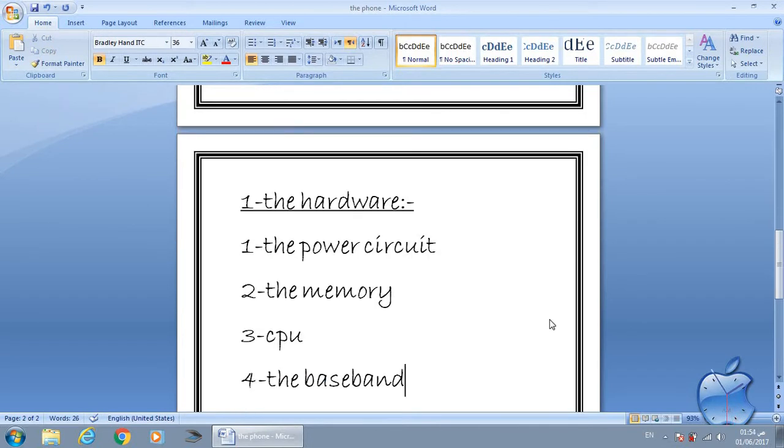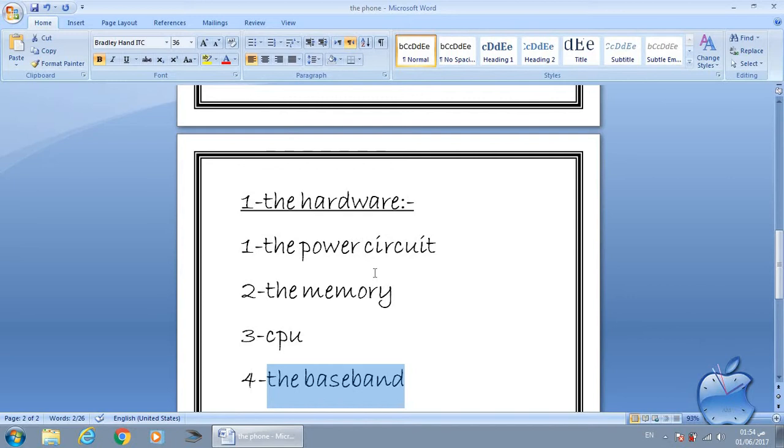Firstly, the hardware. We have in our phone four main circuits: the power circuit, the memory, the CPU, and the baseband. If one of these circuits is not working, then the phone is not going to work.